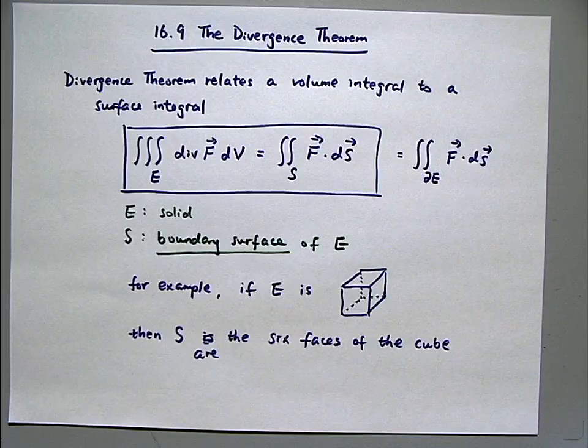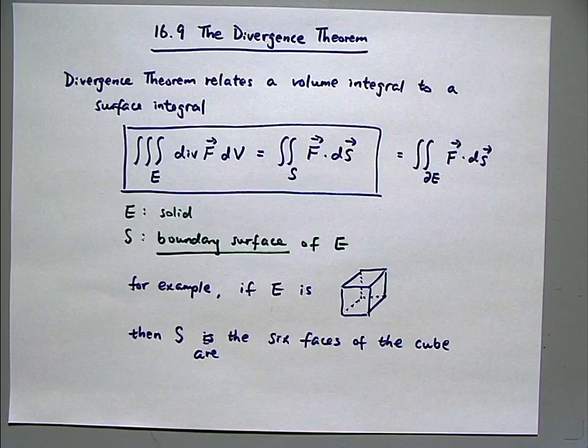Also going to be exiting through the back surface. Well, the only way for fluid to leave is to go through each surface, all 6 of these surfaces. So that's what this is measuring. Remember, F dot dS is measuring the amount of fluid going through that surface.